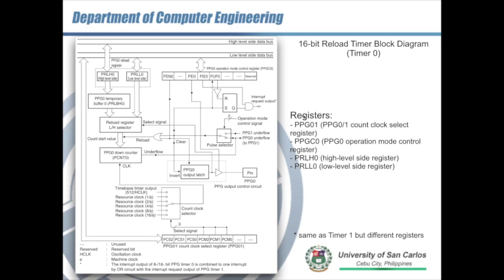So the registers that we have to remember are PPG01 as the count clock select register, PPGC0 for the PPG0 operation mode control, and two 8-bit reload registers representing the high and the lower bits.